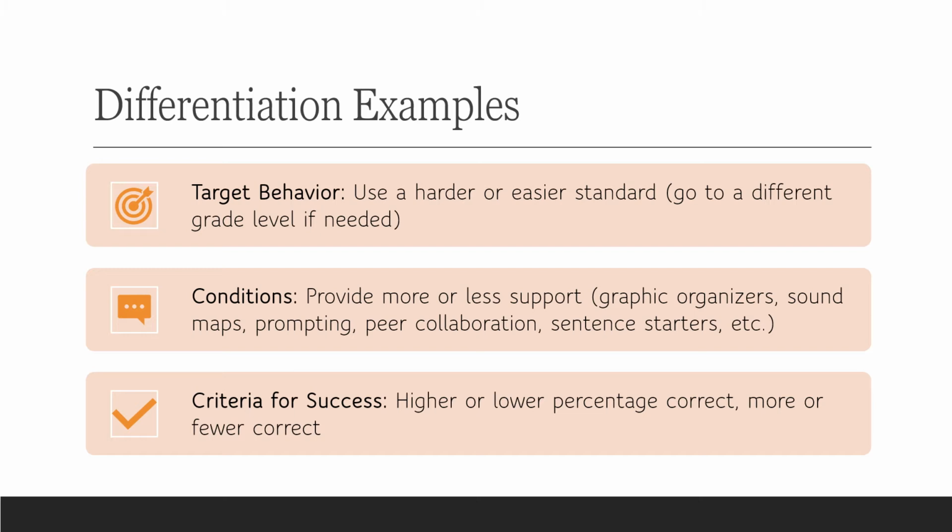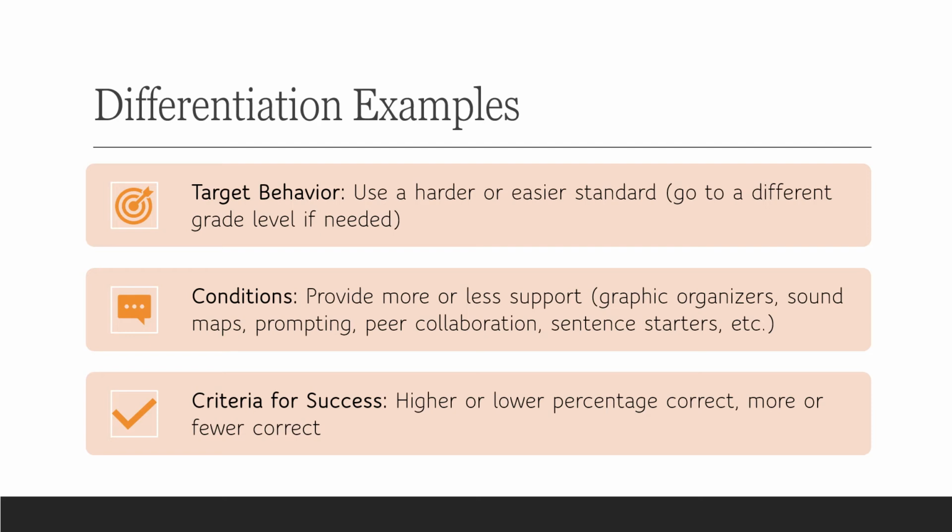So for example, if we wanted the student to be able to identify the main character and draw a picture with 3 details of what they look like, we could let them use the book. Or maybe we could talk to them ahead of time and have them explain it to us before they draw their picture. So that would be changing the conditions under which they demonstrate the target behavior.